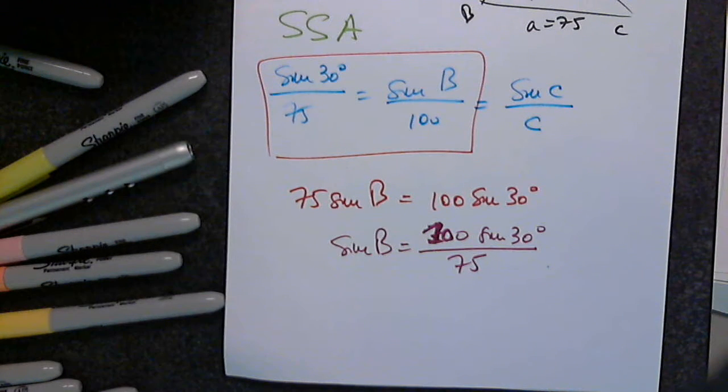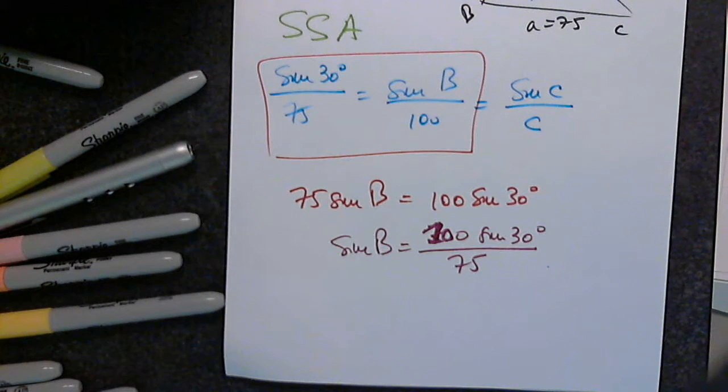And then I was going to say, is there an angle whose sine is 0.66? Of course. Yes, as long as the answer is between -1 and 1, there is an angle. Good.